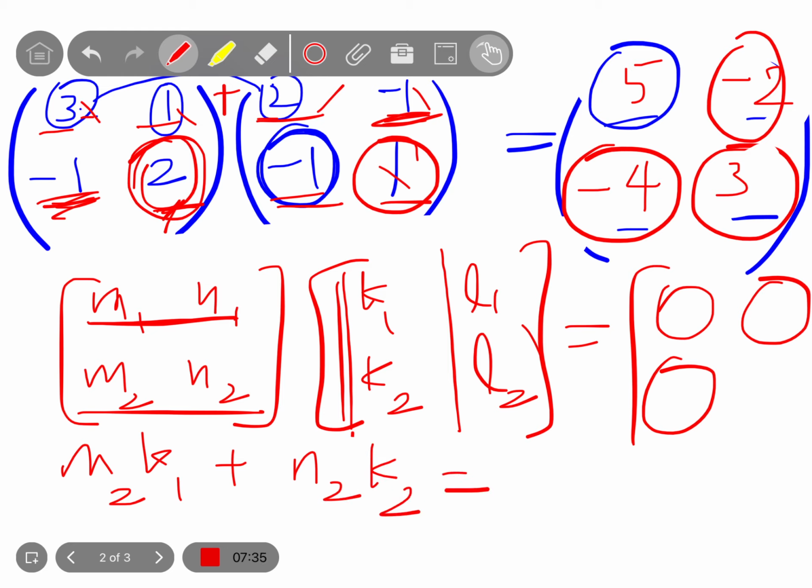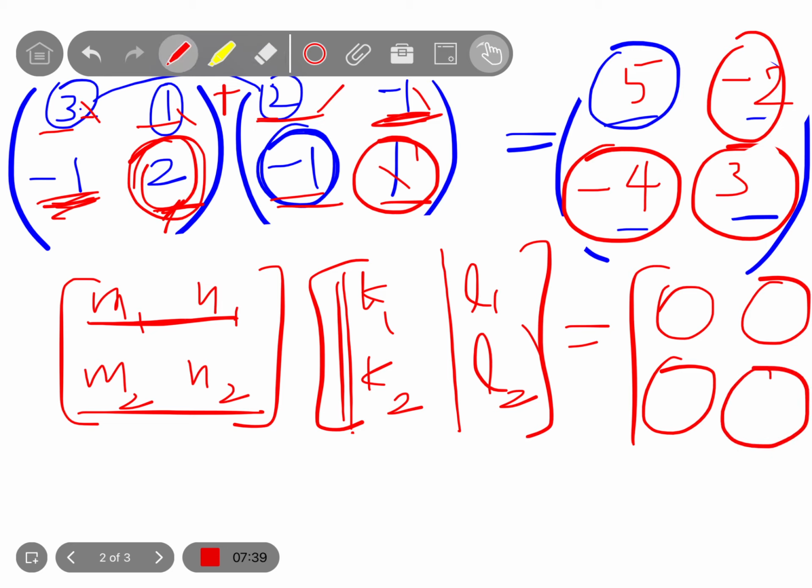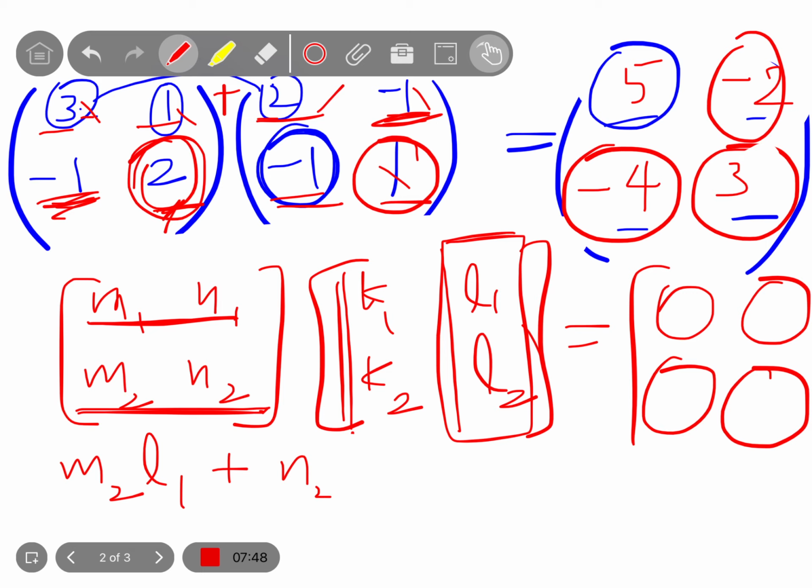The final one is this row times this column, so m2 l1 plus n2 l2.